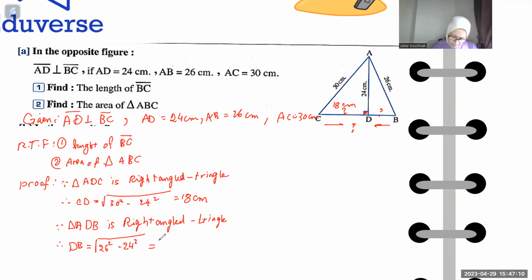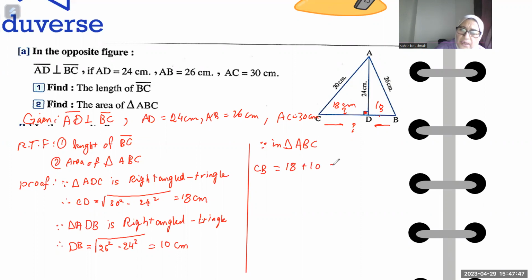I will get 10. Then, in the triangle ABC, CB equals 18 plus 10, I will get 28 centimeters, and this is the base.